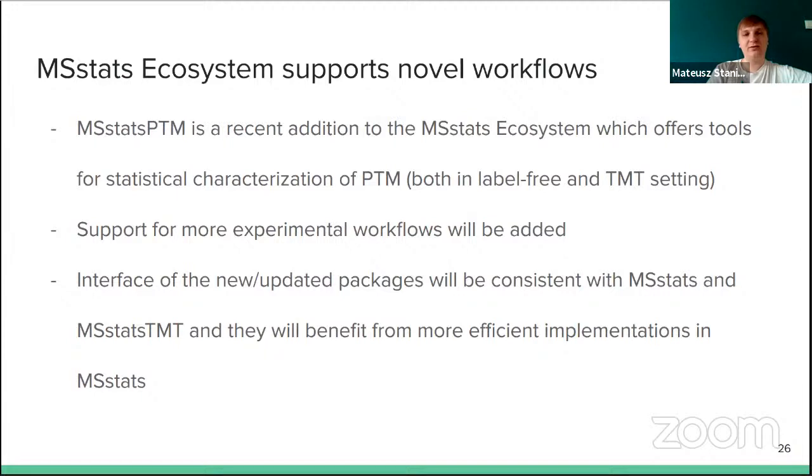And we hope that with the new design, we'll be able to add support for other experimental workflows and types of data easily. And all the packages in the new release will have a very consistent type of outputs, function naming schemes, and so on.